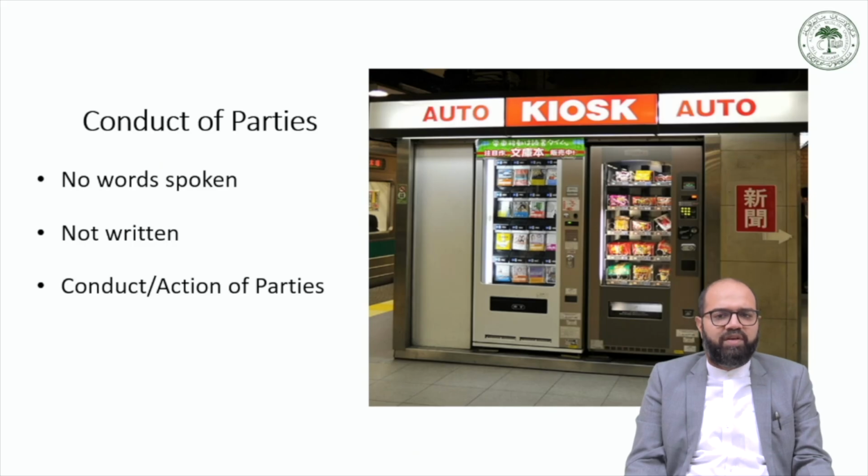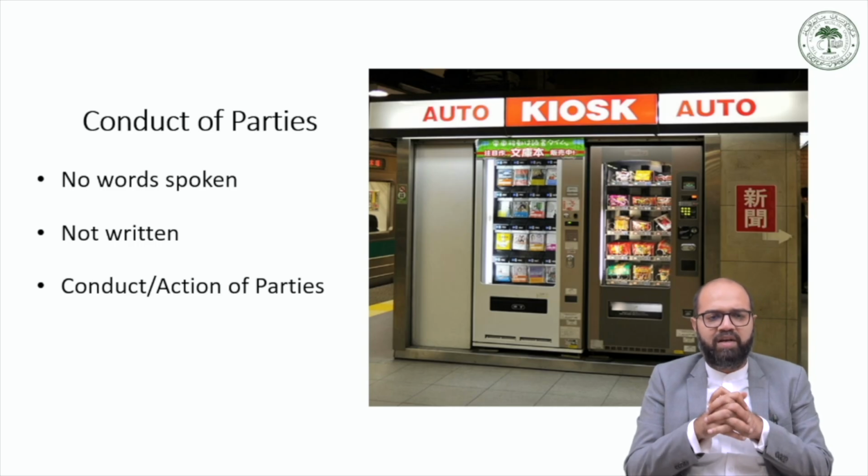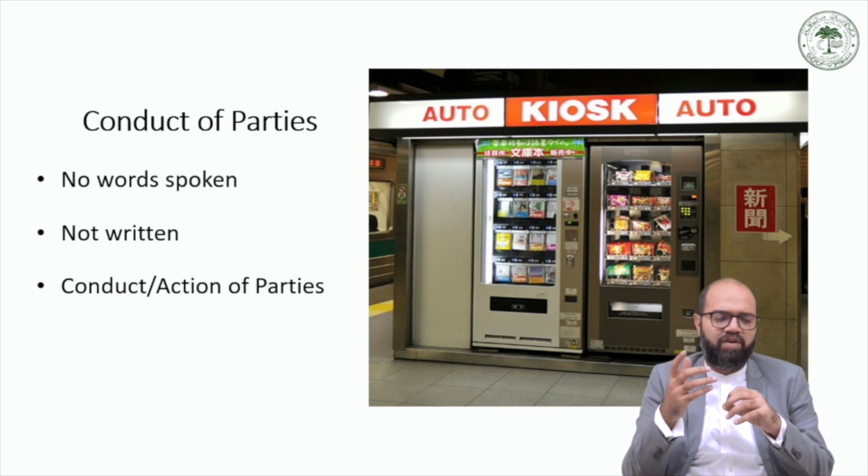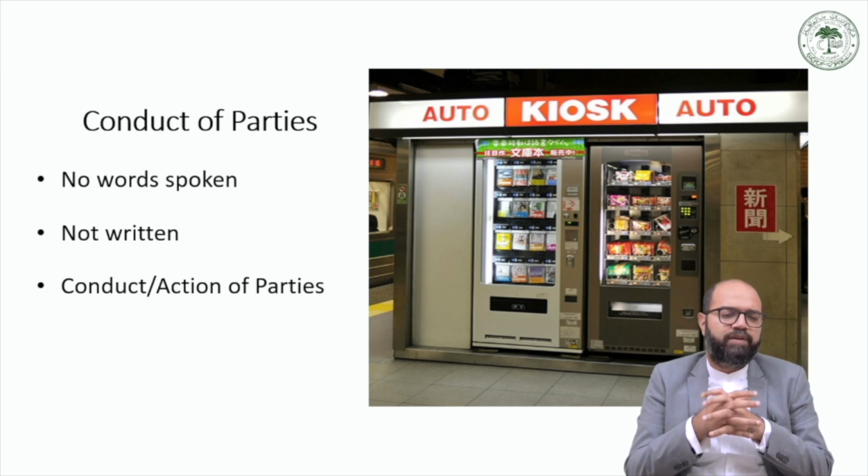The next is a contract which is made through the conduct of the parties, or rather it is implied from the conduct of the parties. Implied means it is not express. What does it mean that it is not express? It means that this is something that has to be gathered from the construction of the contract and the intention of the parties.